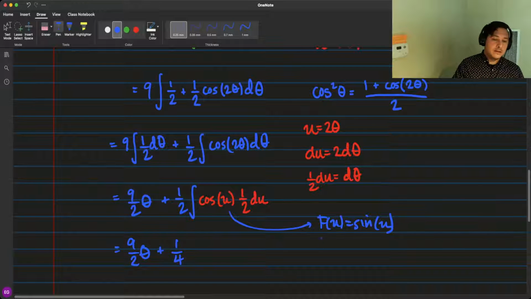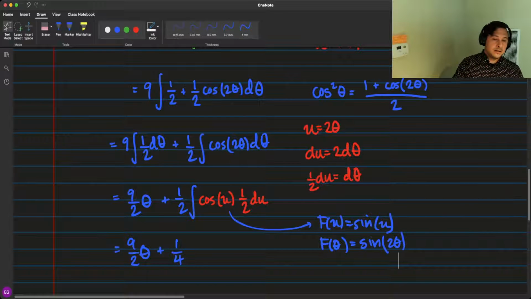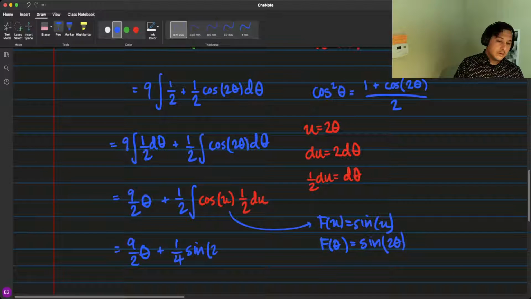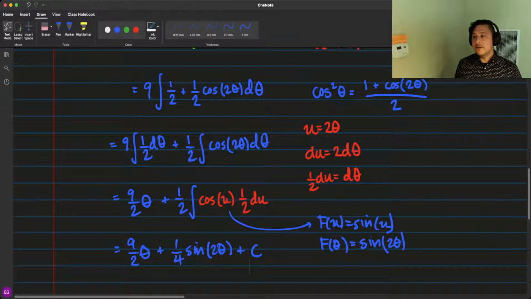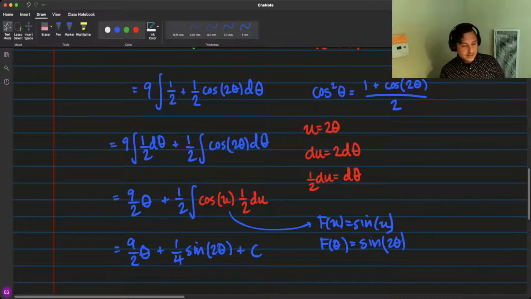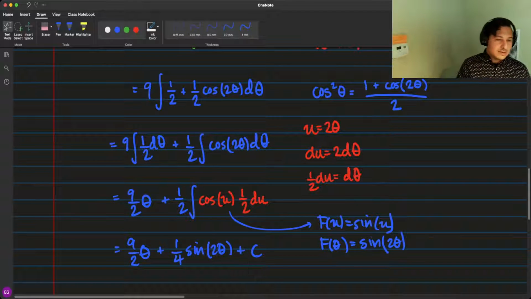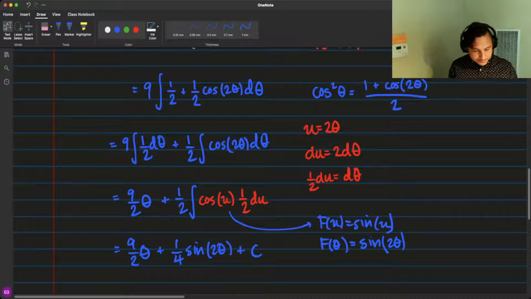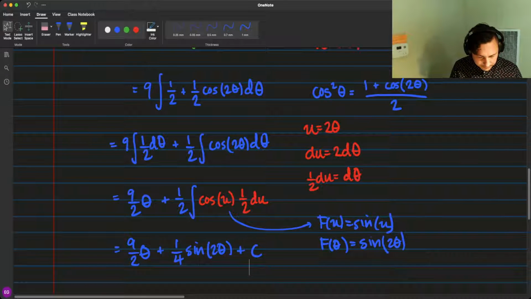So if you go back to it in terms of theta, you're going to get sine of 2 theta. So your antiderivative for our trig integral is 9/2 theta plus 1/4 sine 2 theta.